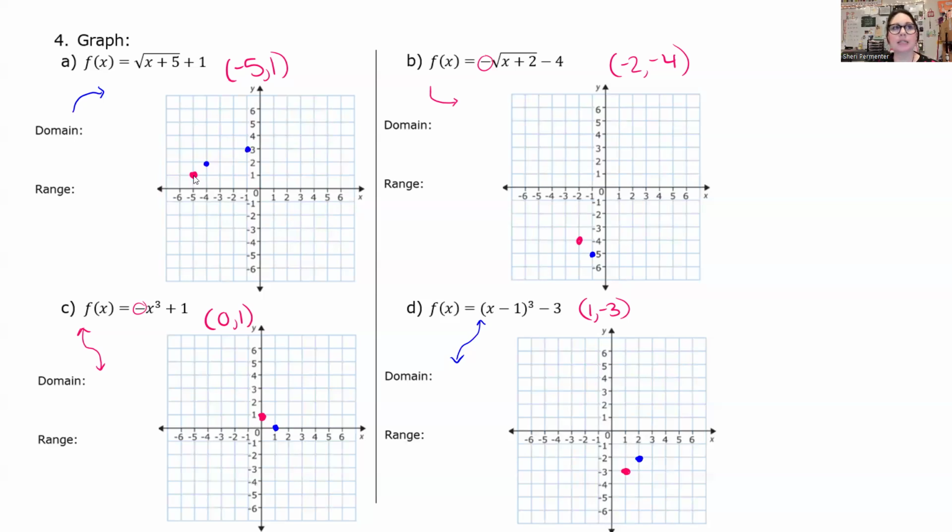And then next I'm going to see if I can go over 9. I think I can because I can go 5 and then 4 would be 9. So I'm going to go over 9. And then the square root of 9 is 3. And then I will connect the dots.